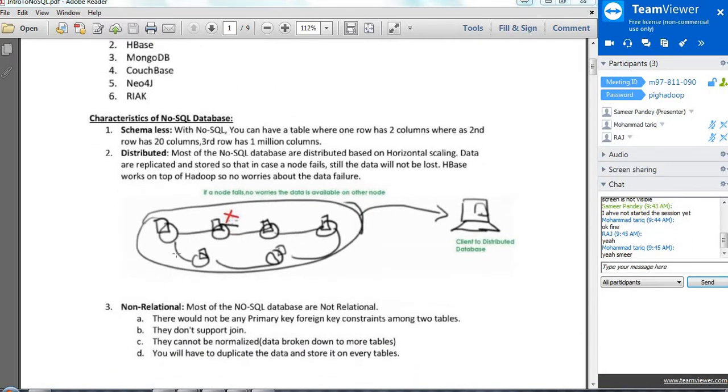Let's understand the characteristics of a NoSQL database, and what are the things involved. Is it only talking about a query language on an unstructured format, or what? Let's understand deeply what a NoSQL database is all about.